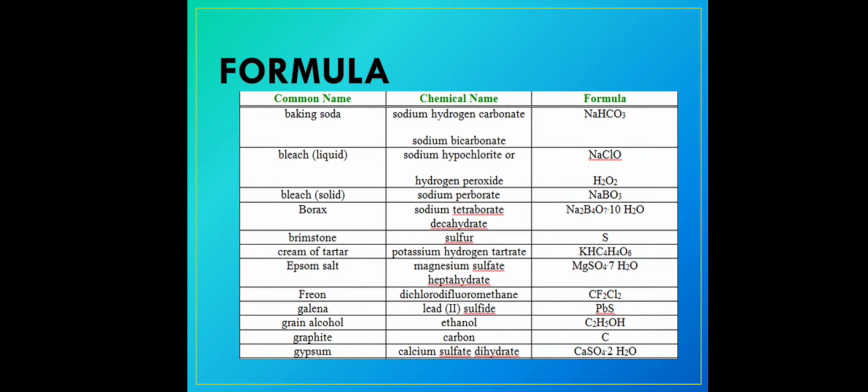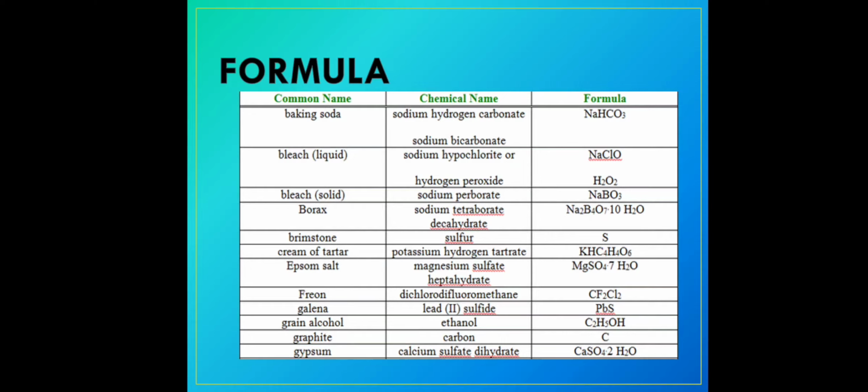We have some more examples of compounds which have different names and which are represented by a chemical formula. So baking soda is also called sodium hydrogen carbonate or sodium bicarbonate, and its chemical formula is NaHCO3. So instead of writing sodium hydrogen carbonate, you just write capital N, small a, because Na is one element, then H capital, C and O capitals, and the subscript number 3 for oxygen.